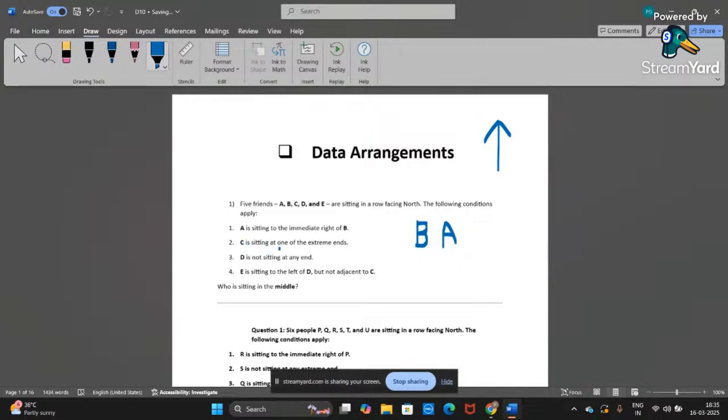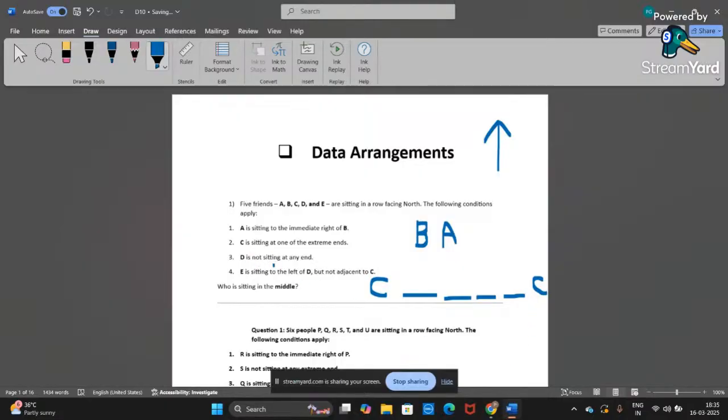C is sitting at one of the extreme ends. It can be this side or this side. Totally there are five. C can be at this end or this end. Analyze the next condition.